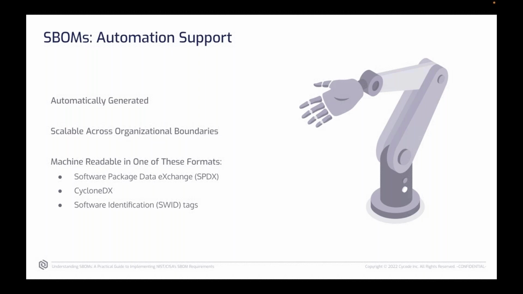It's really important that your SBOM is machine readable, right? The point is not to generate one, but to use the data and actually ingest it. And there are 3 recognized formats right now. They are the Software Package Data Exchange, or SPDX, CycloneDX, and Software Identification Tags. Now, they all have slightly different flavors to them.